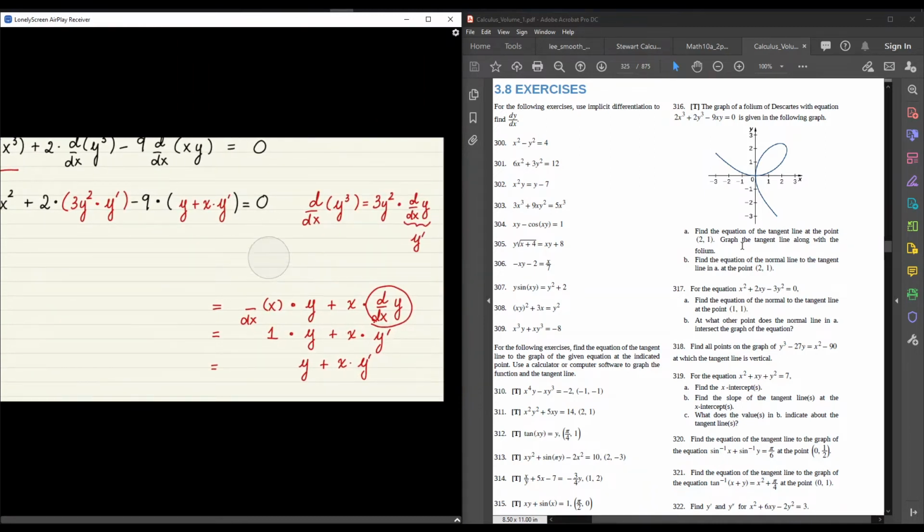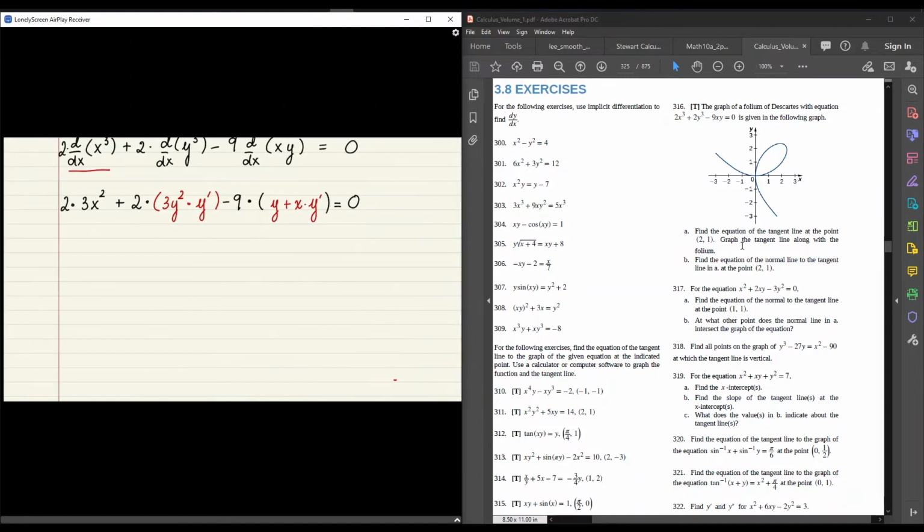Let's clean this up a little bit. Alright, so now we have to simplify this a little bit. So this will give us 6x squared plus 6y squared y prime minus 9y minus 9x y prime equals 0.